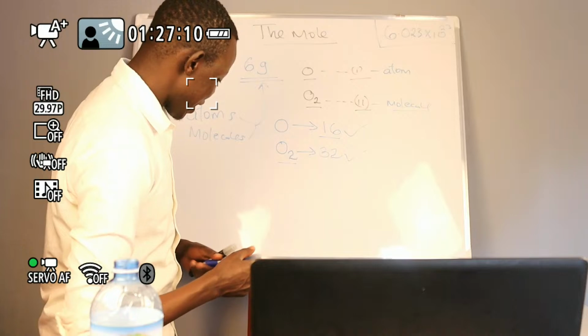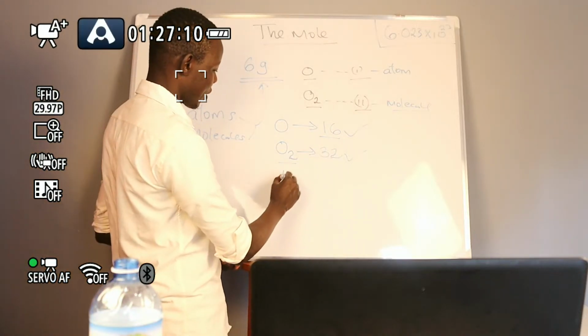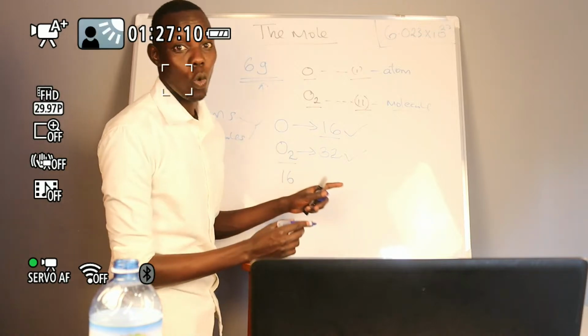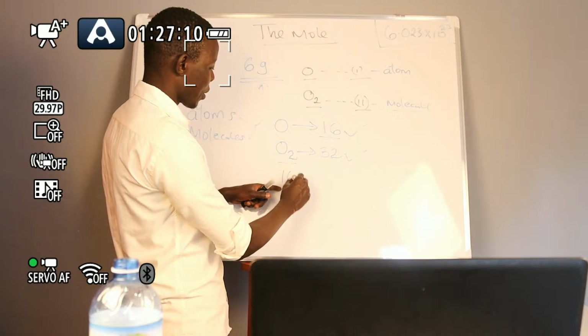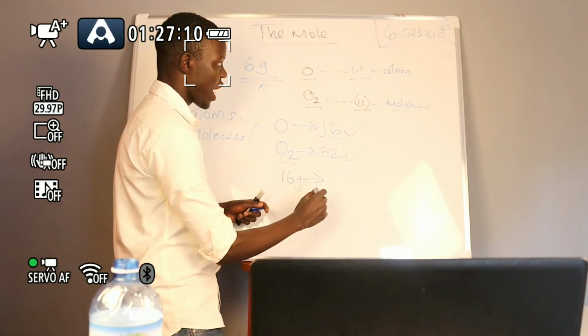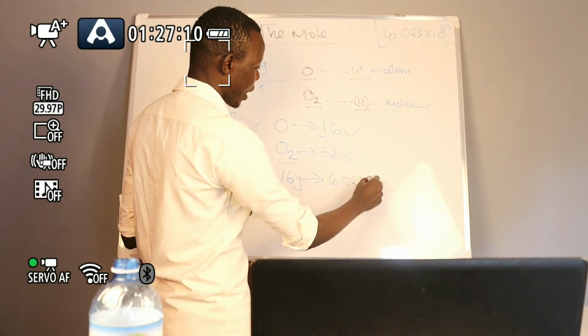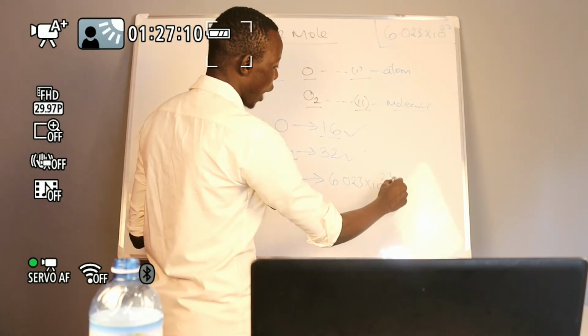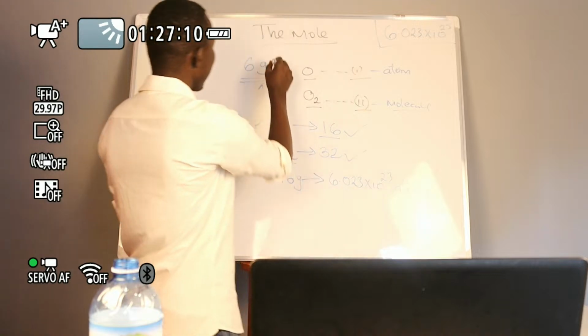Now, let's calculate the atoms first. 16 grams. Molar mass always we don't give units, but when we are doing this, because I want to equate, I will talk of 16 grams to contain 6.023 times 10 power 23 atoms. What about ile tumeulizwa?